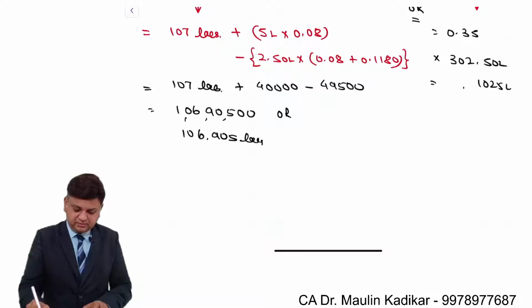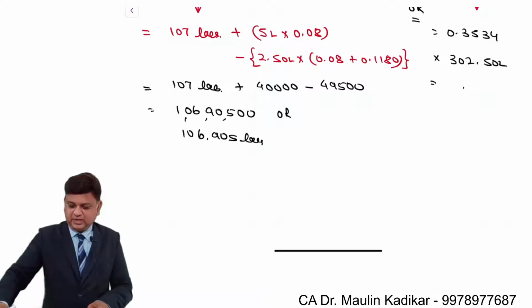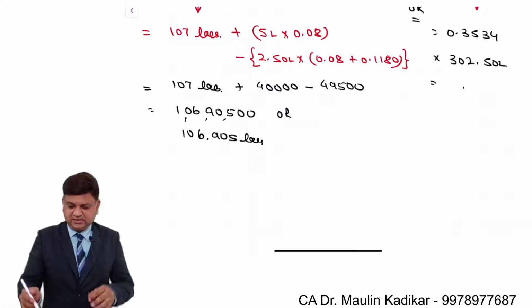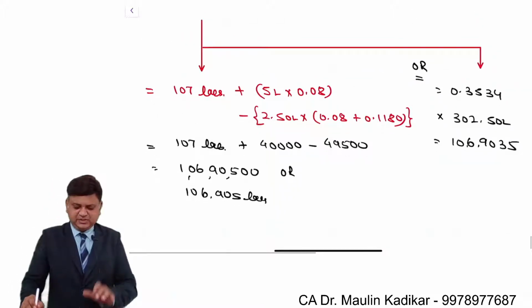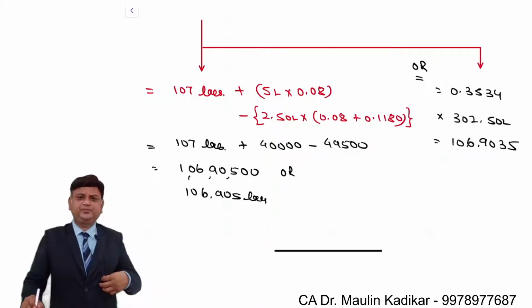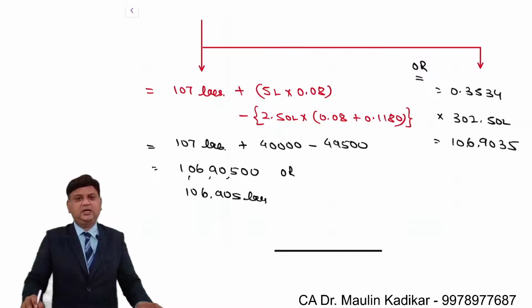So over here it is 0.3534 into 302.5 lakhs, and the answer comes to 106.9035 lakhs. It is only due to approximation, there is a marginal difference of about 15,000, otherwise exactly these two answers will match.